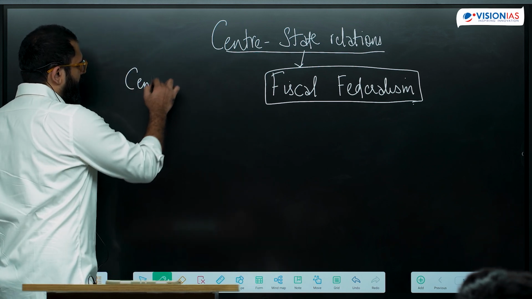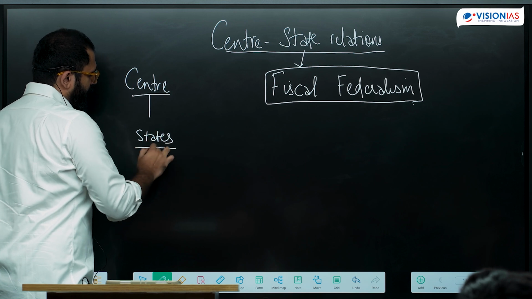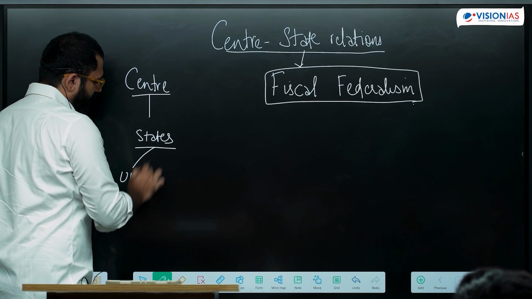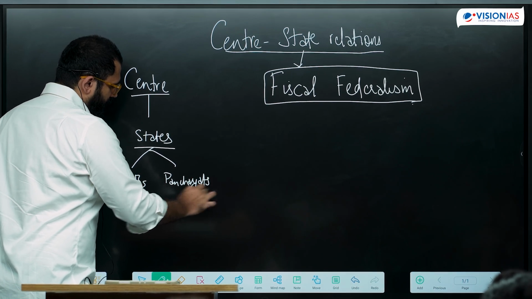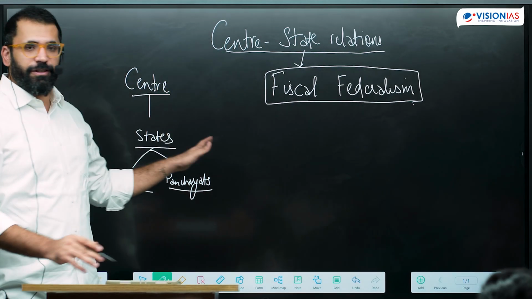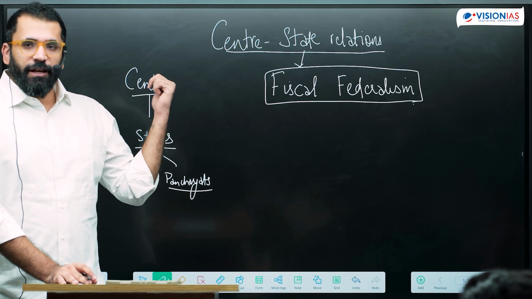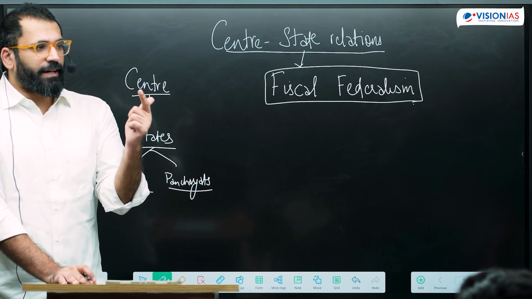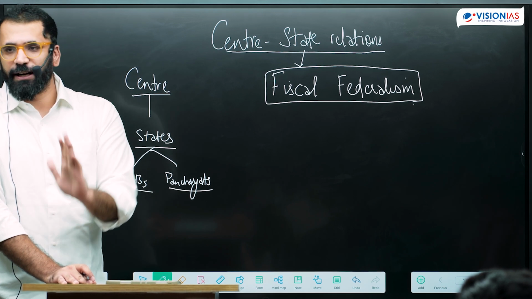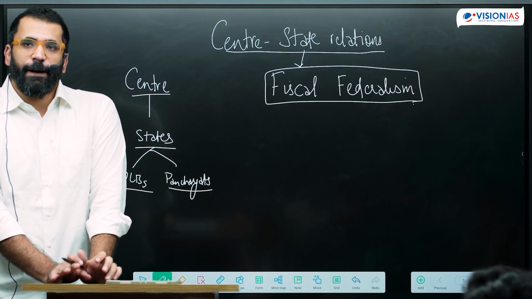We have the center, we have states, and then we have the urban local bodies, and they are the closest to people. This is how it should work: decentralization, devolution of powers to the institutions which are closer to the people. They'll be able to understand what the people need and perform that developmental or welfare function. Then why did we give more powers to the center?